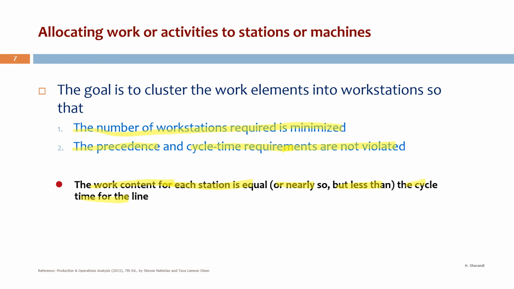We will try to make a balance between the workstations in terms of the work content. So the total time of the workstations should be as close together as possible, and the total time of each workstation should be less than the cycle time in order to not violate the cycle time. Okay.